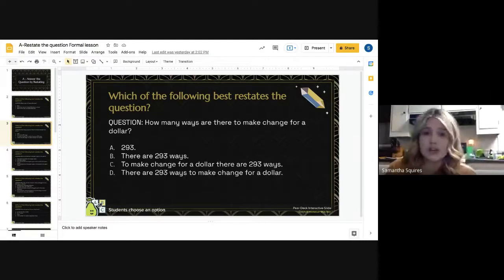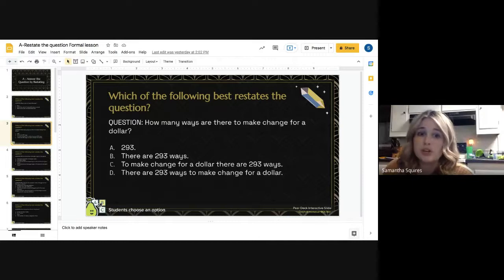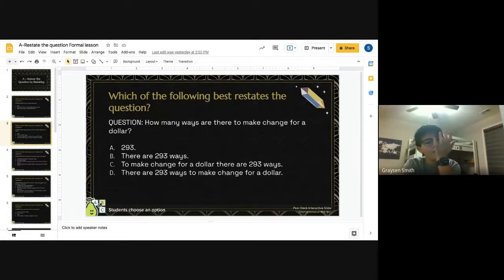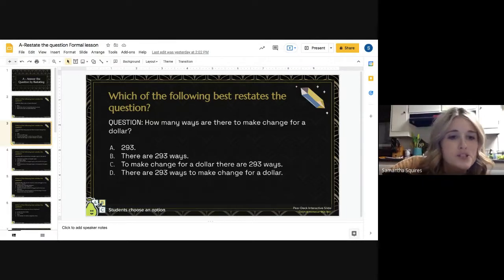There are 293 ways to make change for $1. Does that give us the right answer? Yeah. Does that restate the question? Yes. So would C or D be a good choice? I would go with D, just because I like how it's worded. But honestly, you could pick either one. Okay, let's do one more.